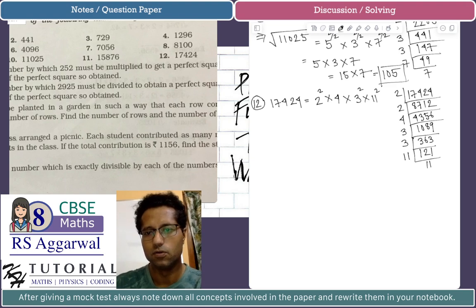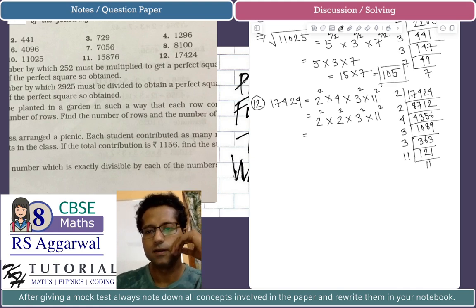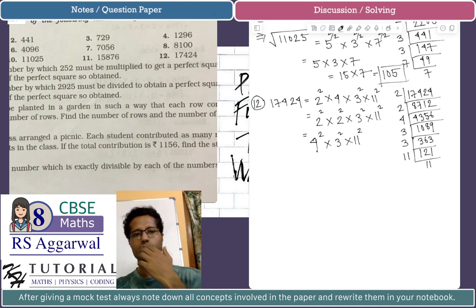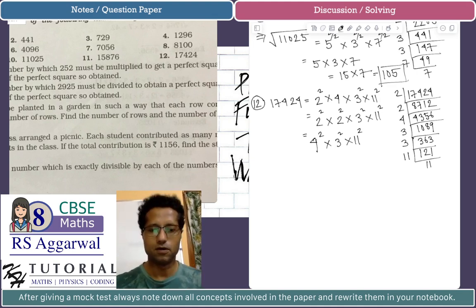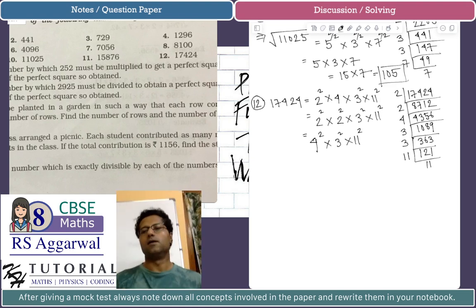Now we have 4. We know that 4 can be written as 2 squared. We have 3 squared multiplied by 11 squared. Now if you merge 2 squared multiplied by 2 squared, we get 4 squared. Now this method might look a little different from the usual method of using prime factorization to find the square root given in the textbook, but it is fine.